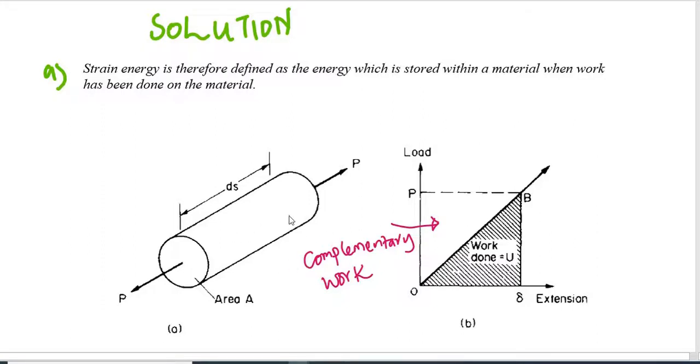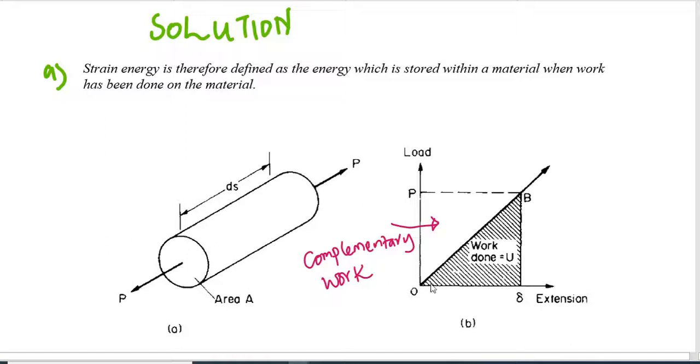So if we consider a bar of cross-section area A, with an elemental length of it, a small length of it, being δs, then considering a load P which is stretching the material, if we are to plot values of load against extension, each load gives a particular extension. Then we draw a graph of load against extension. It would give us a straight line that passes through the origin.